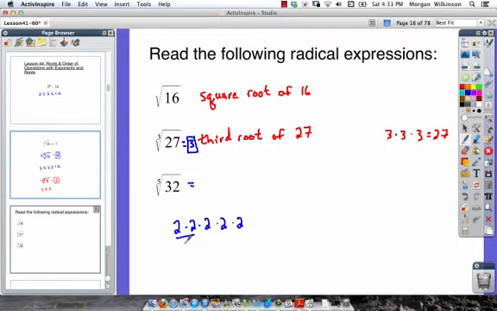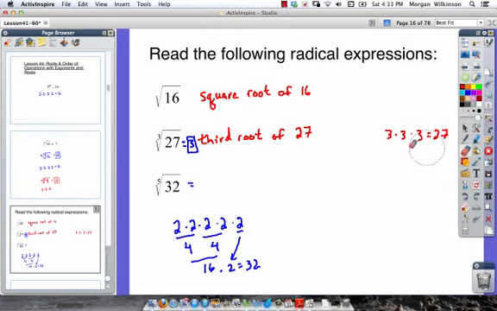The first two 2's are 4. The next two 2's are 4. We know 4 times 4 is 16, and 16 times our last 2 is equal to 32. So our answer here, the fifth root of 32, is equal to 2.